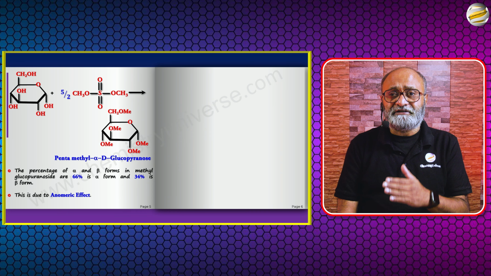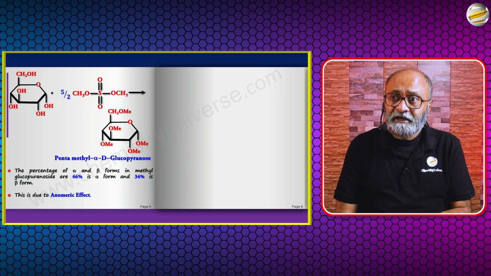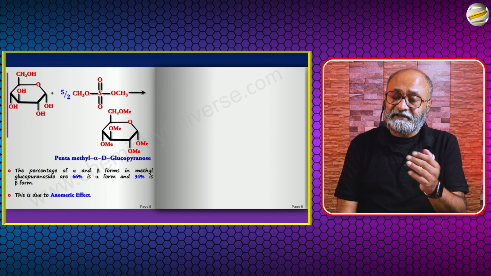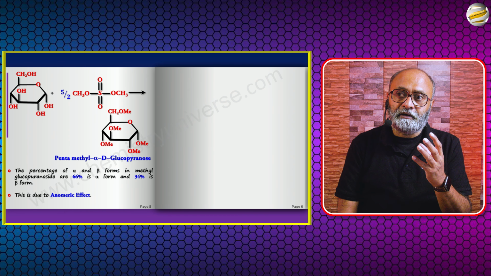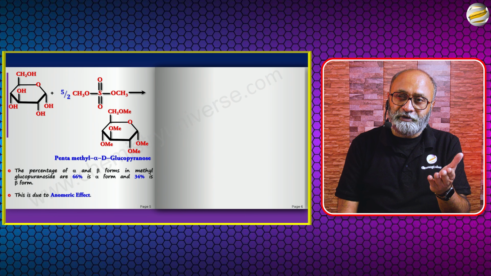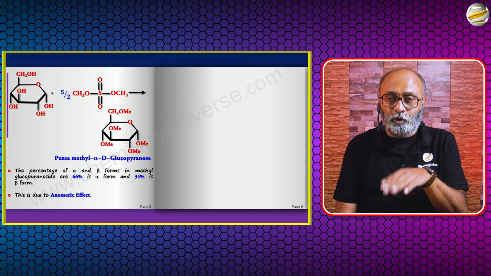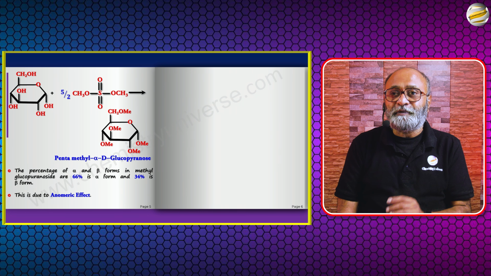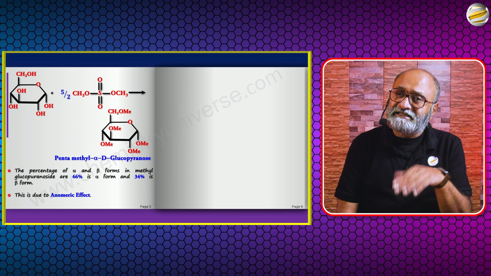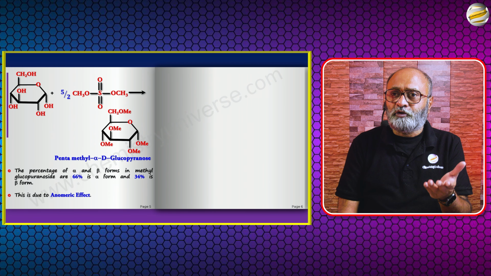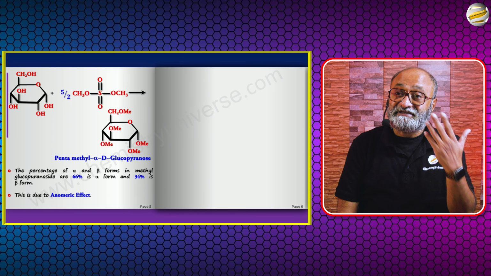And we said even though there's a lone pair repulsion between the OH as well as the ether O, the anomeric O is the OH. So when there is a repulsion between these two, you will find that that repulsion will actually try to destabilize the beta form. But in glucose, the beta form still wins.